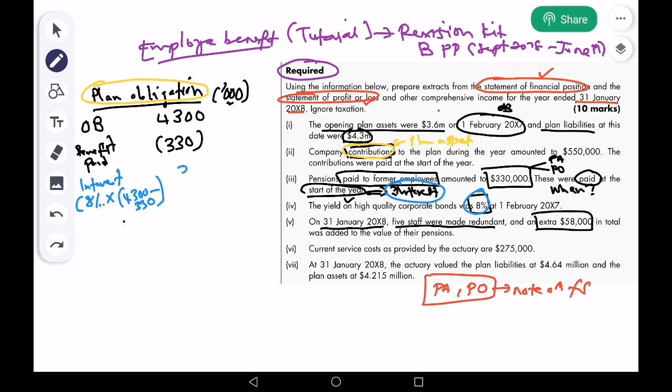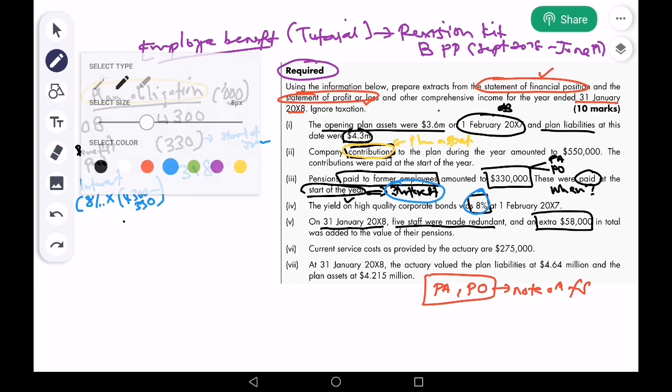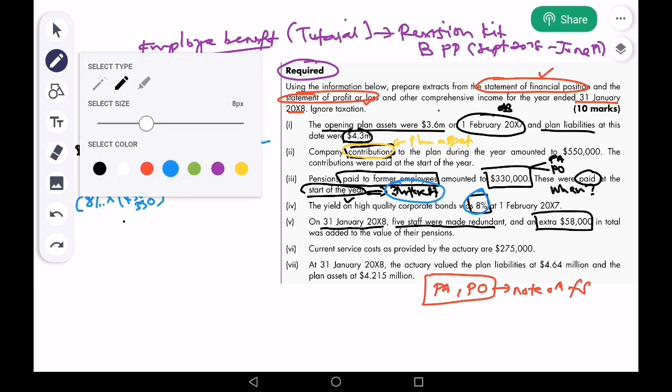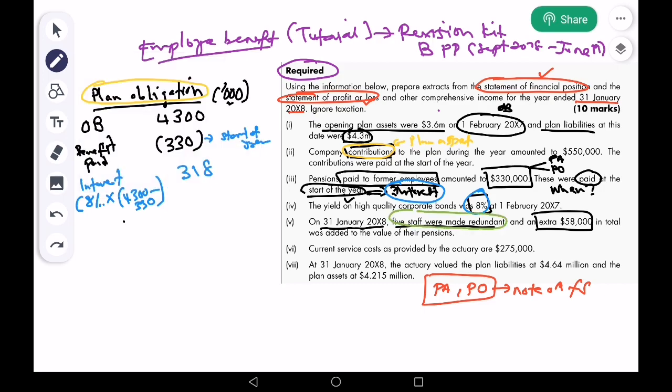Because this happened at the start of the year. When it happens at the start of the year, you need to find the net opening balance. Once that is said on the 1st January, this is a new principal, as I mentioned just now. Redundant means you have to pay extra 58,000 added to the value.